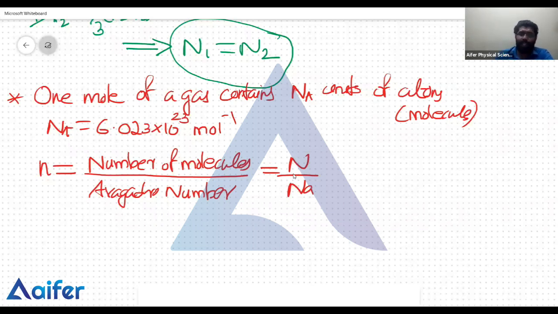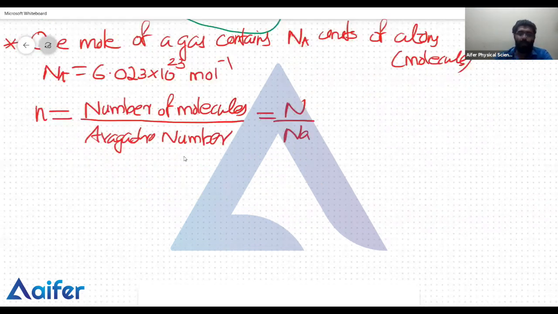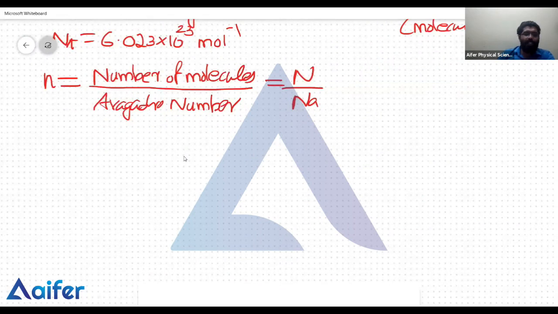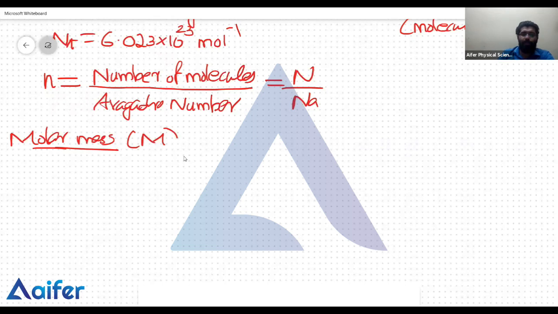So to get a different expression for the number of moles, I'm introducing the concept of molar and molecular mass. Okay. So molar mass. What is molar mass? Let it be M. Okay. It is a mass of 1 mole of substance.